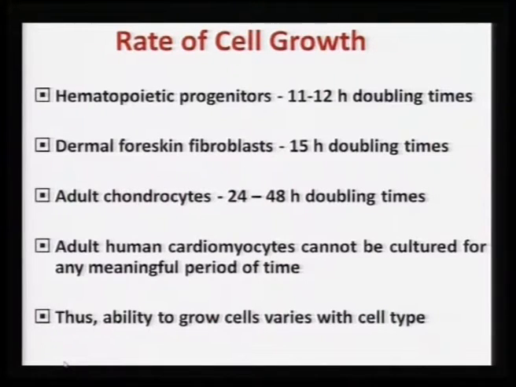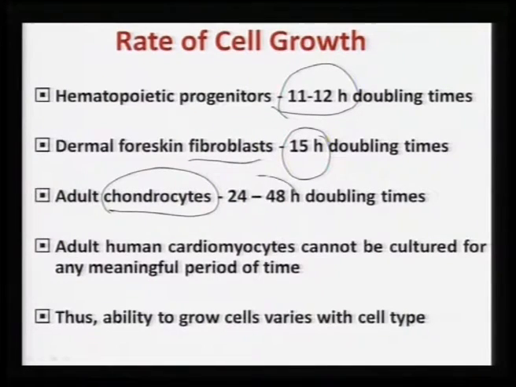Now, just a few numbers for the cell types. Hematopoietic progenitor cells have an 11 to 12 hour doubling time, whereas dermal skin fibroblasts typically have a 15 hour doubling time. Adult chondrocytes, that is cartilage tissue cells, typically have a 24 to 48 hour doubling time, and adult human chondrocytes cannot be cultured for any meaningful period.